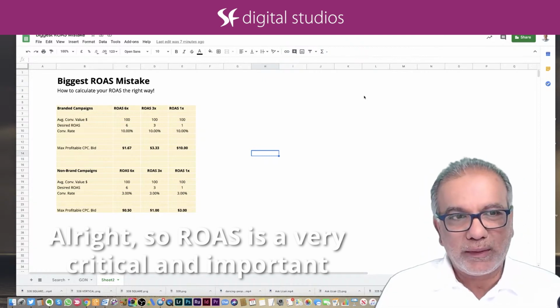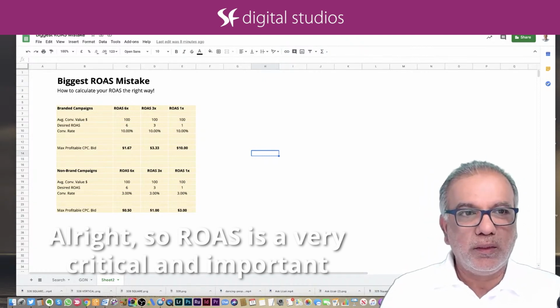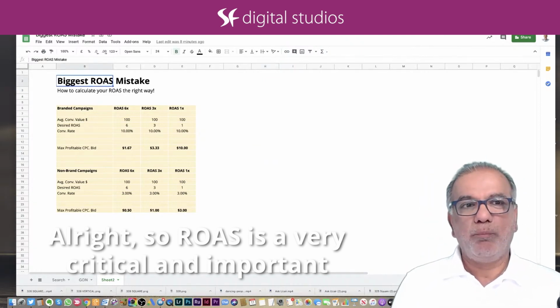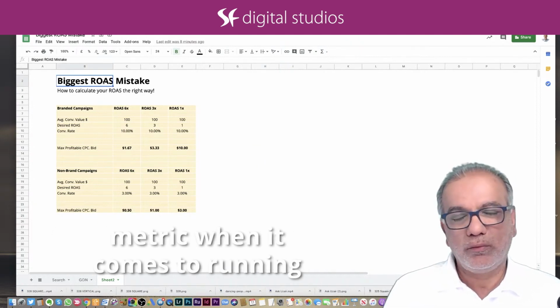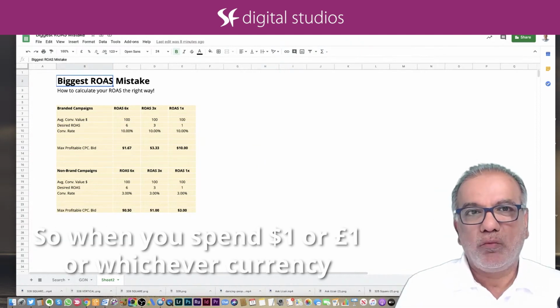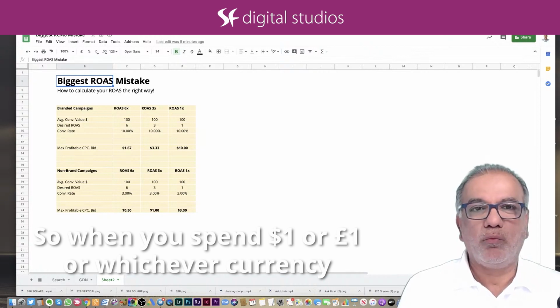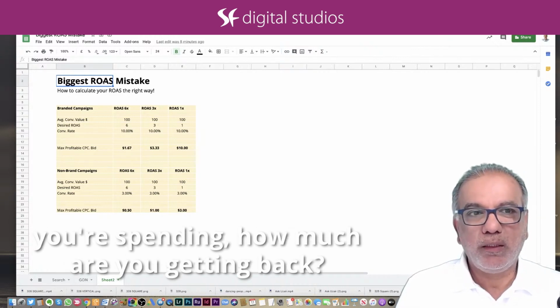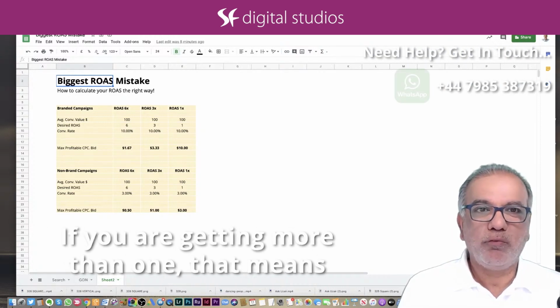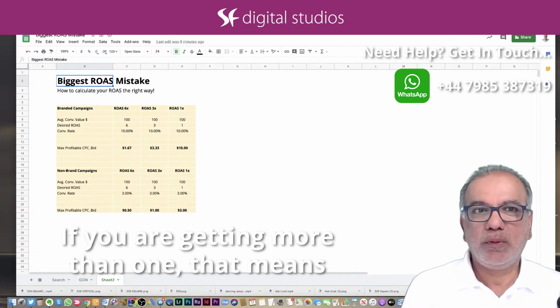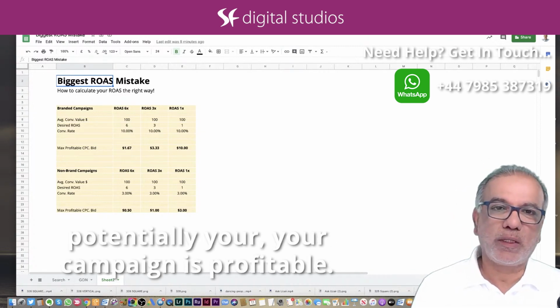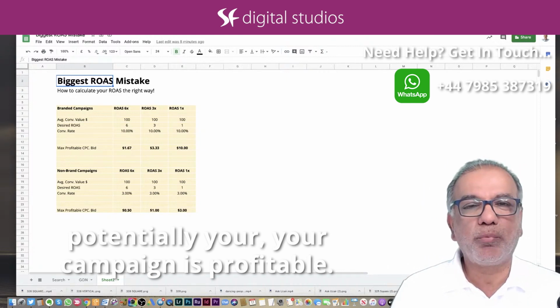So, ROAS is a very critical and important metric when it comes to running your Google Ads. When you spend $1 or pound or whichever currency you're spending, how many are you getting back? If you are getting more than one, that means potentially your campaign is profitable.